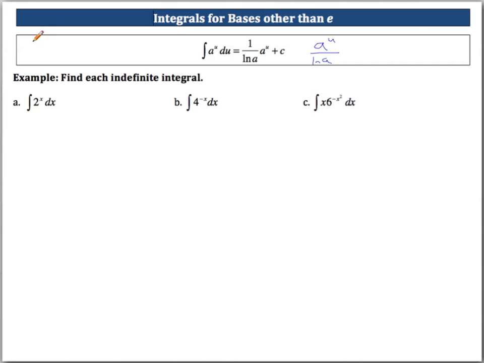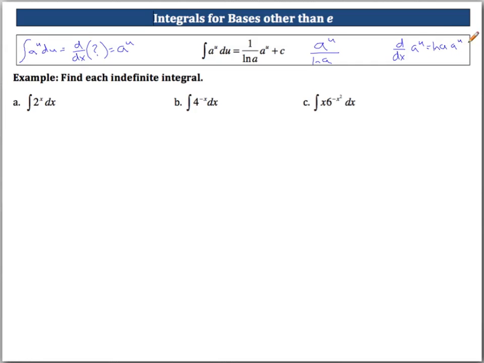And again, we can think about our integral of a to the u du as being the derivative of what function equals a to the u. Okay, and so we know that the derivative of a to the u equals natural log of a times a to the u.